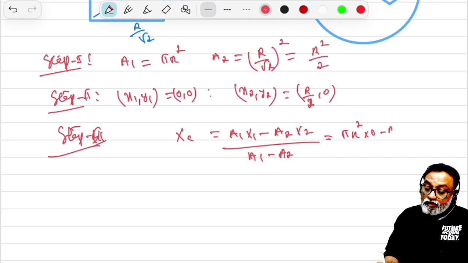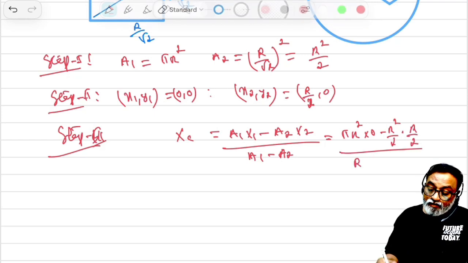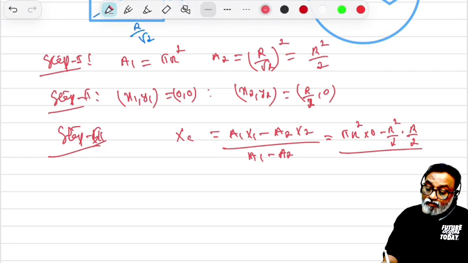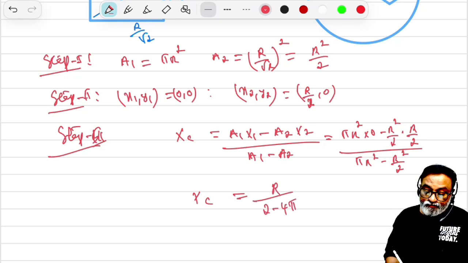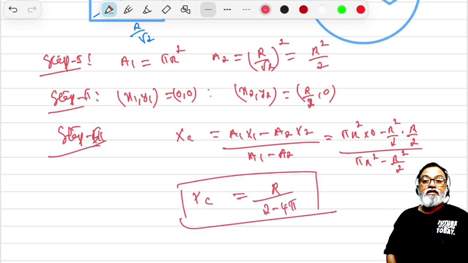Minus a2 means r square by 2 into x2, r by 2, by pi r square minus r square by 2. After simplification, we can get the answer. This is r by 2 into 4 minus pi. This is center of mass of the remaining part.